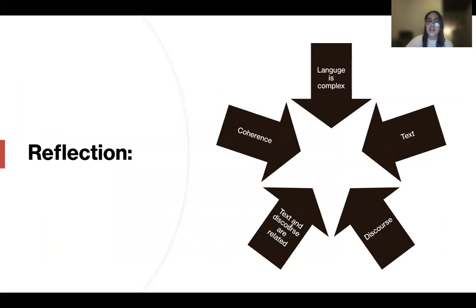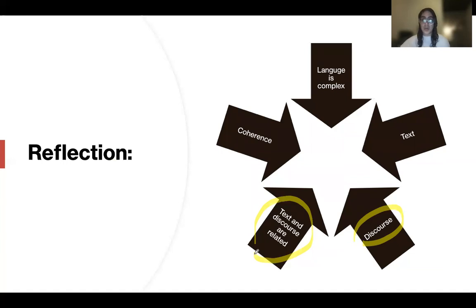So finally, a reflection about all this information is that it is important to be conscious about these structures, these grammatical devices, because these devices help us to understand when we are talking, that is discourse, or when we are writing, that is the text form of language, that we have many structures, many forms to express.